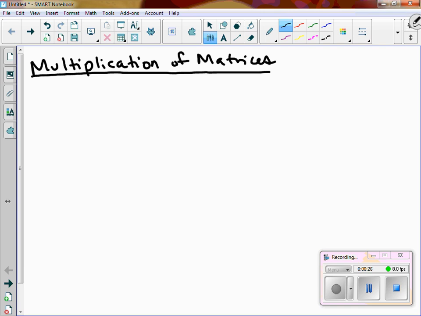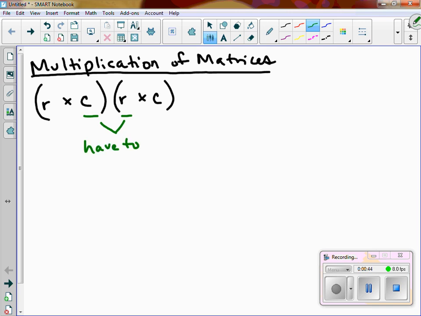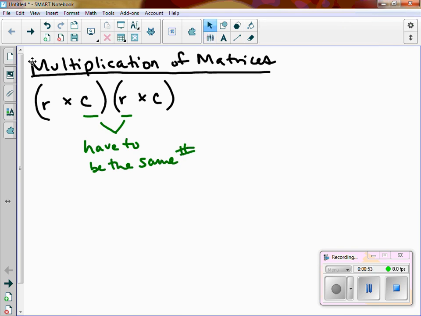What this means is if you have a row by column, and then you'd multiply it by a row by column. With this, these two numbers here have to be the same. If they're not the same number, then you won't get an answer.